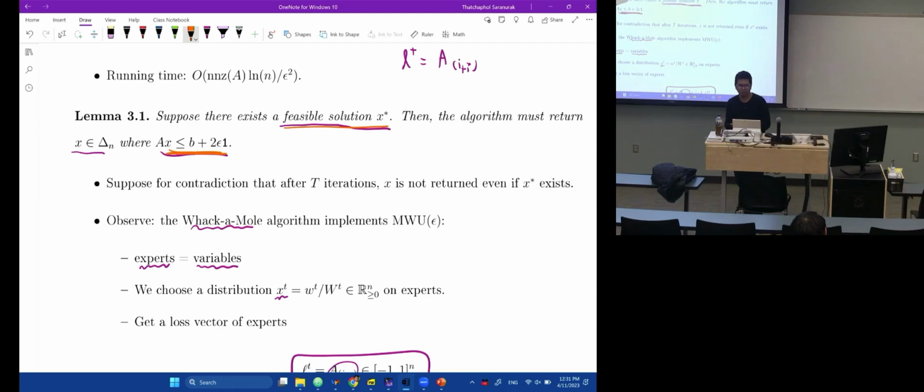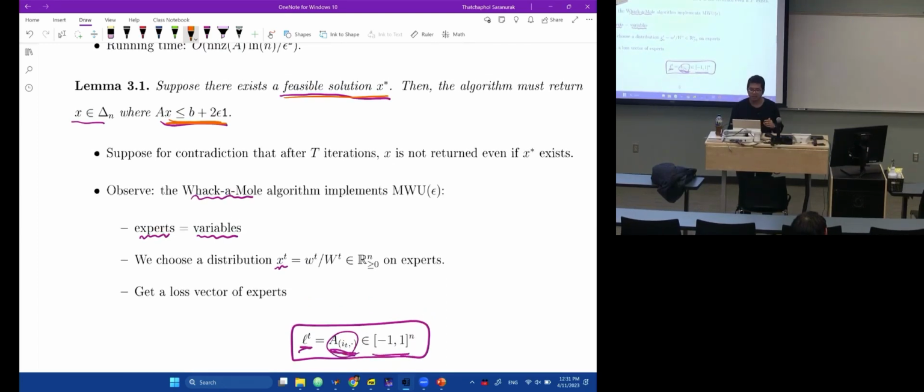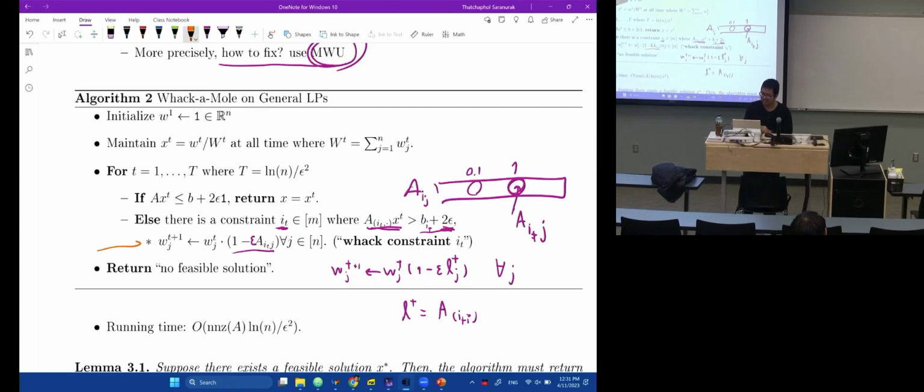So just to recap, the idea is that every time you whack the constraint that violates the constraint a lot, you accumulate epsilon regret on each day.